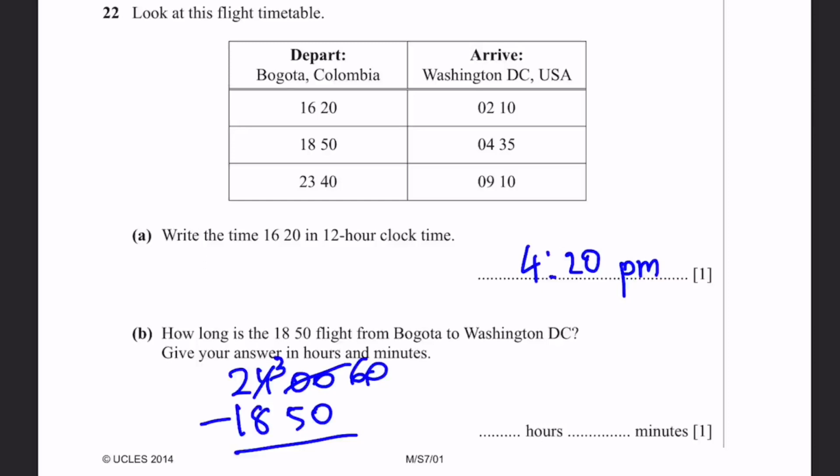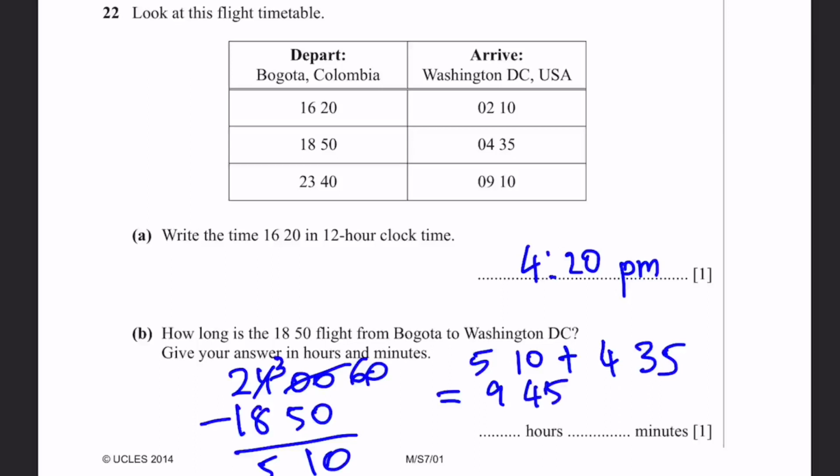Now 60 minus 50 is equal to 10, and 23 minus 18 is equal to 5. So 5 hours and 10 minutes, and then we add that to 4:35. And that will be 9 hours and 45 minutes. So that's the answer, 9 hours and 45 minutes.